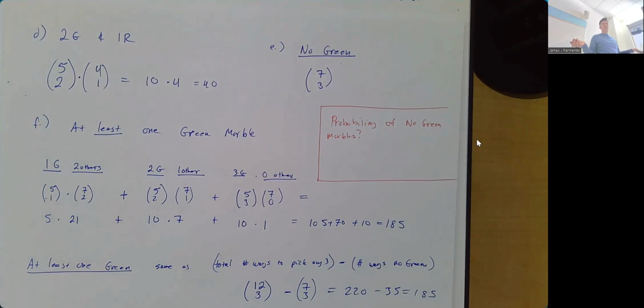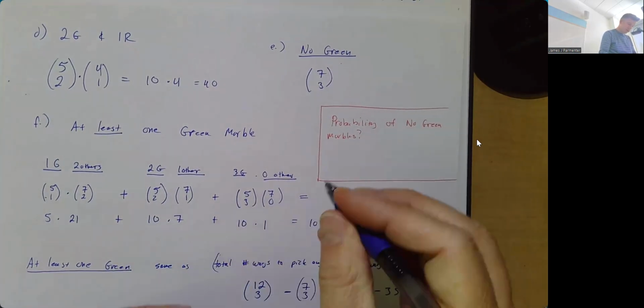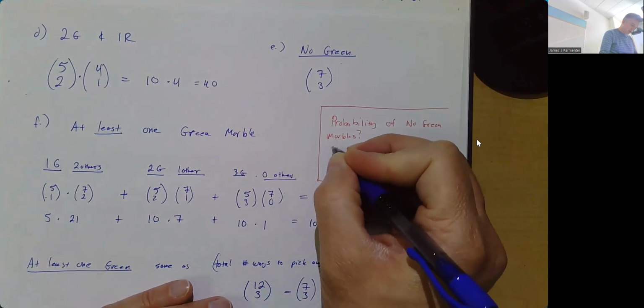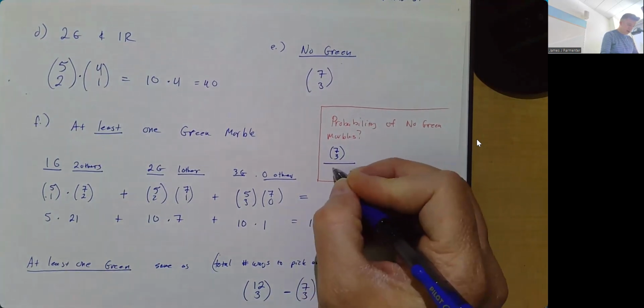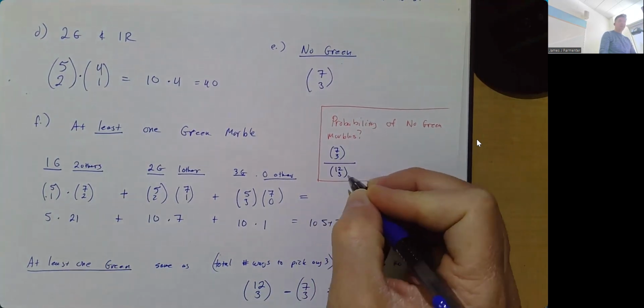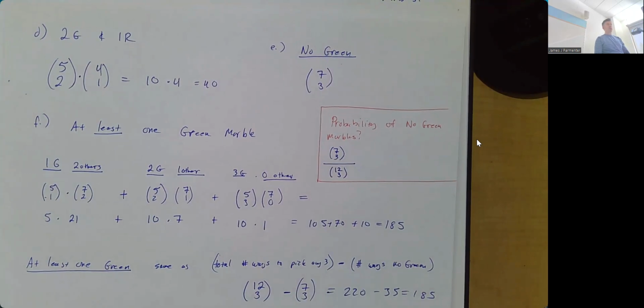Probability is just the number of ways of getting what you want divided by the total number of ways of getting anything. In this problem, that's going to be 7 choose 3, the number of ways of getting no green marbles, divided by 12 choose 3, the number of ways of getting any 3 marbles.